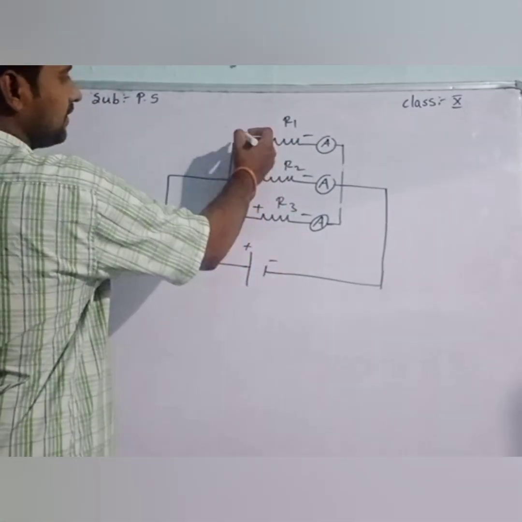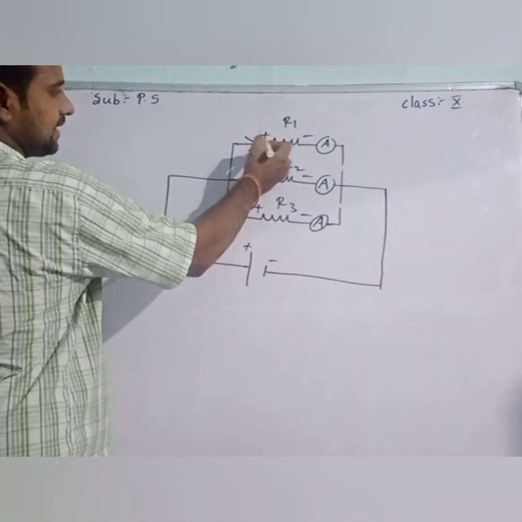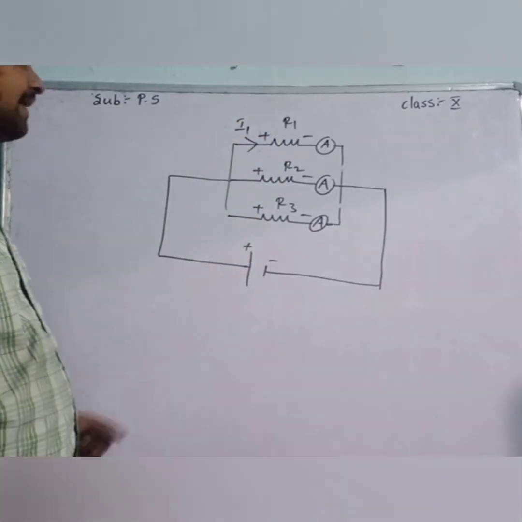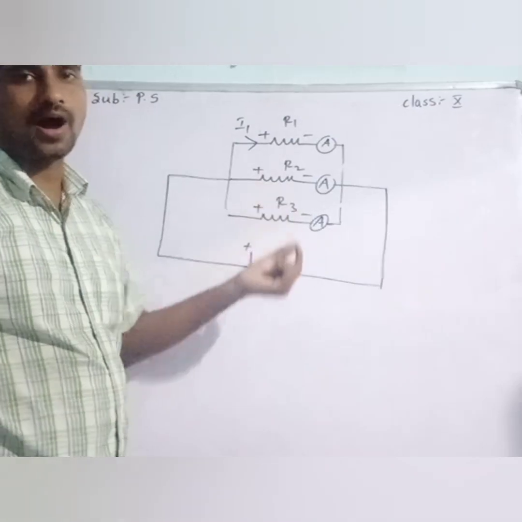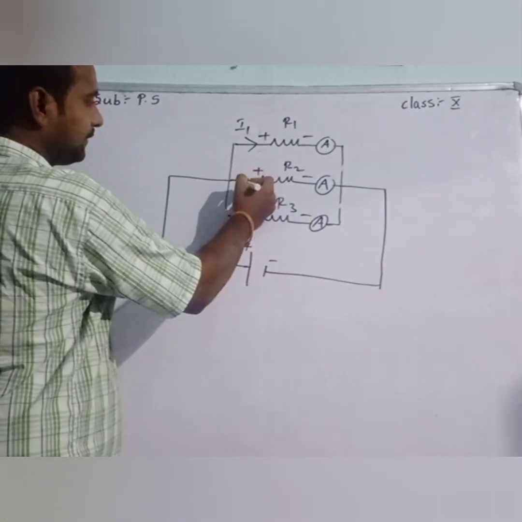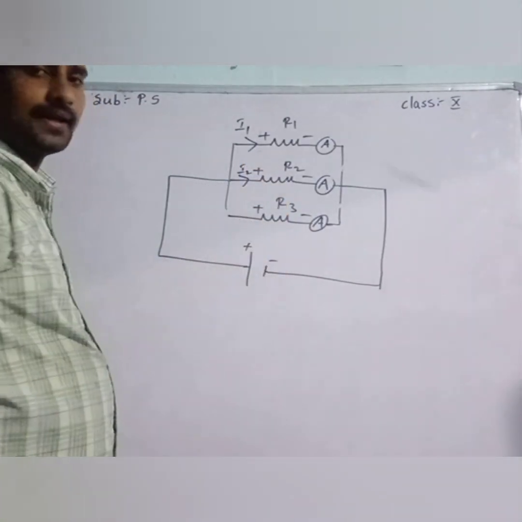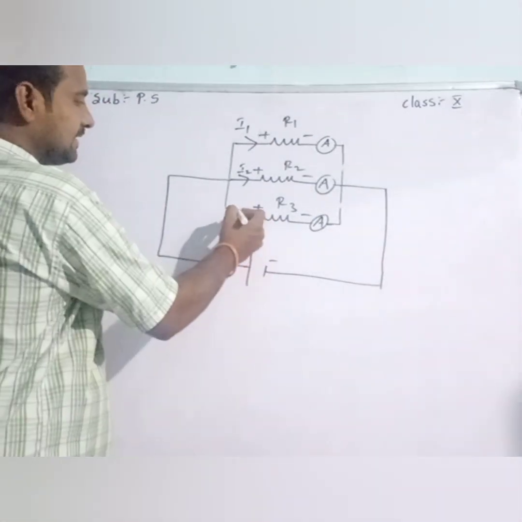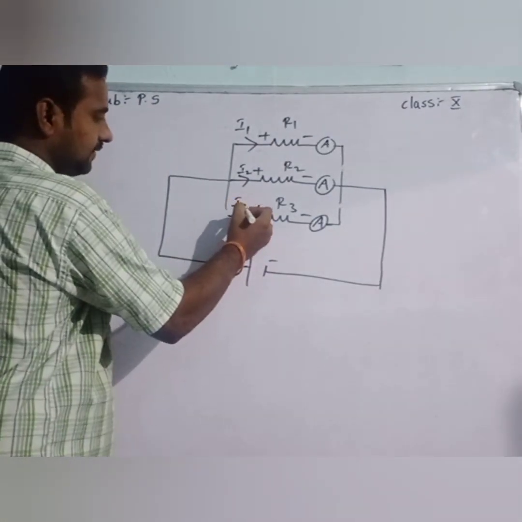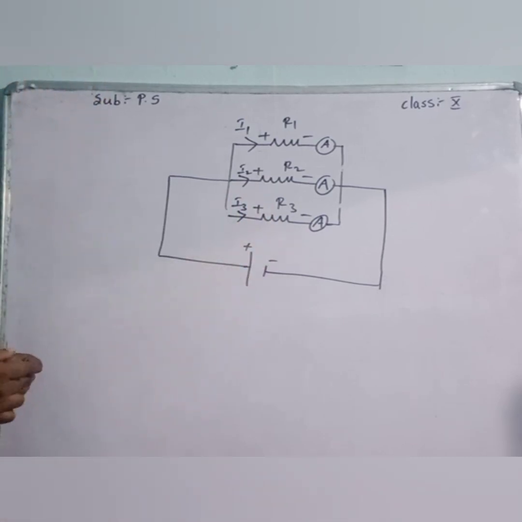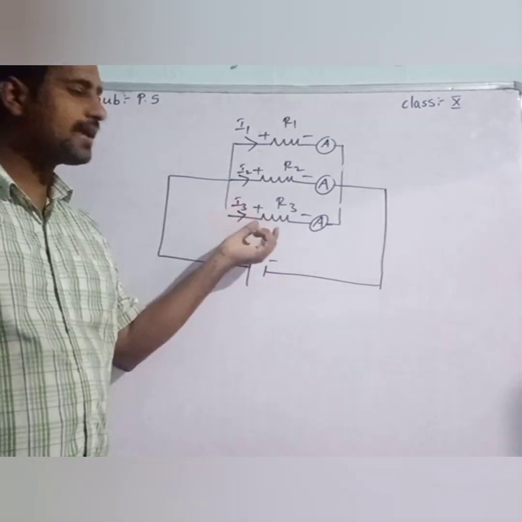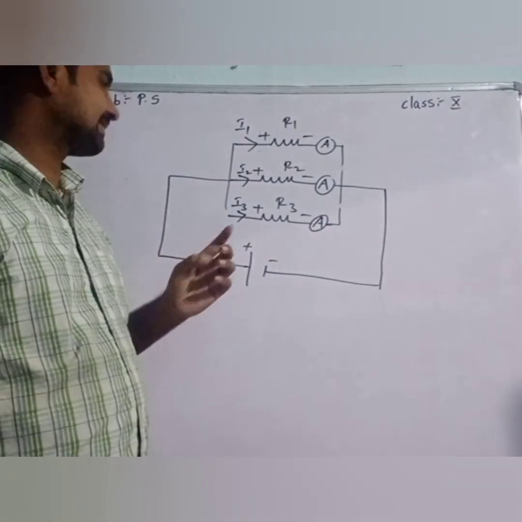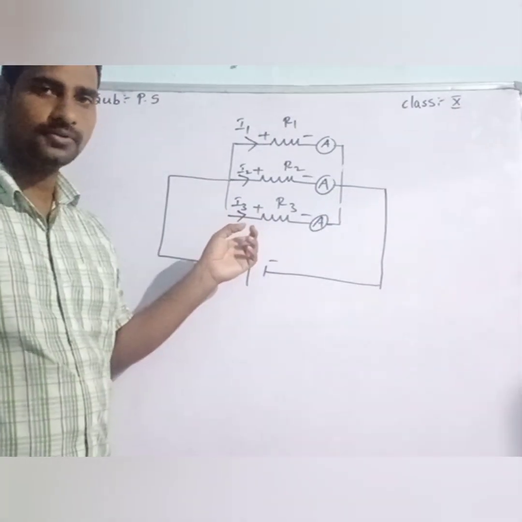For example, the current passing through resistor R1 is I1, the current passing through resistor R2 is I2, and the current passing through resistor R3 is I3. So this is the circuit diagram of the parallel combination of three resistors.